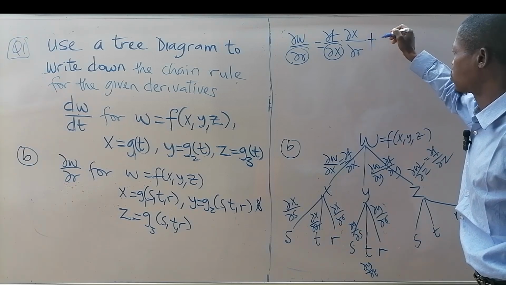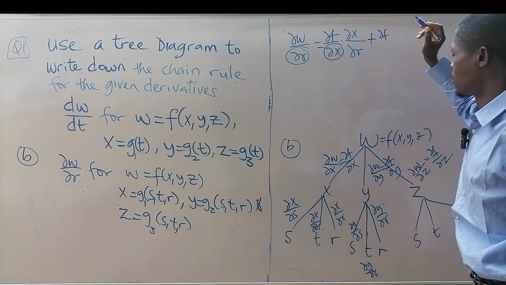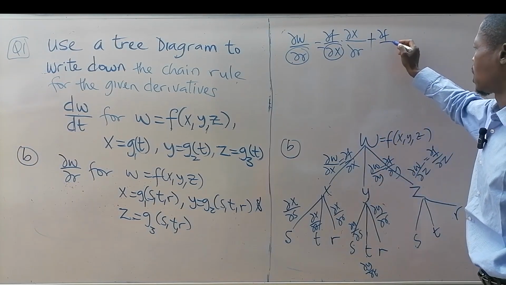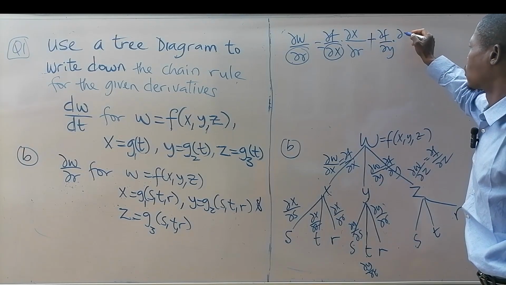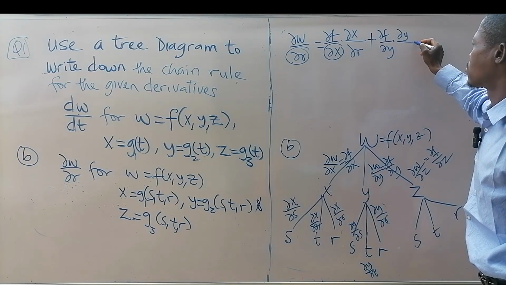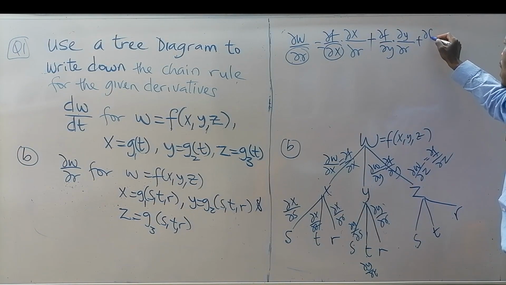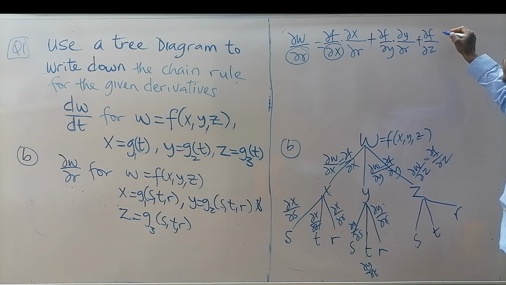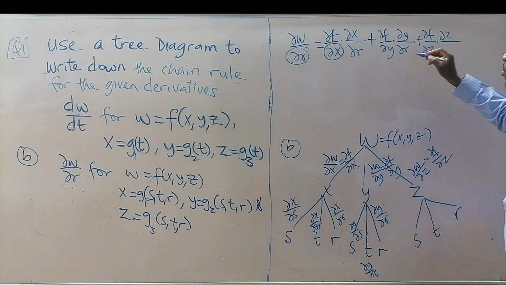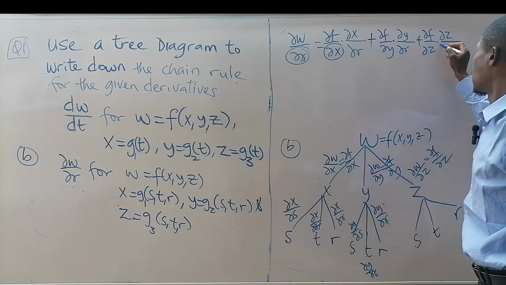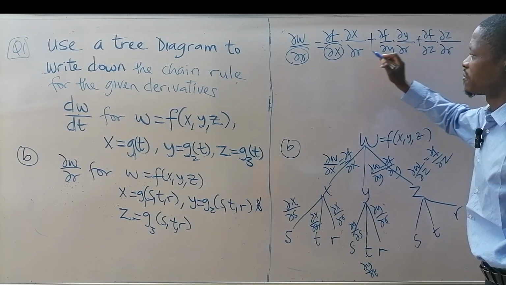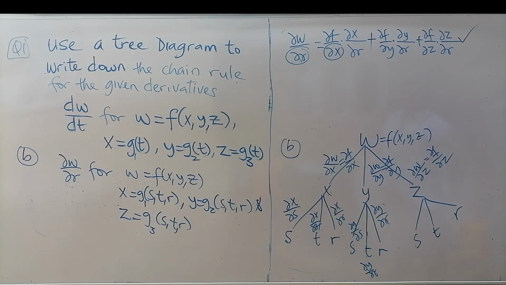Let's continue. That will be plus del f, then the next variable, del y times del y all over, plus del f, del z times del z over del r. All of them, the last one must make reference to this r. So that's the answer to that.